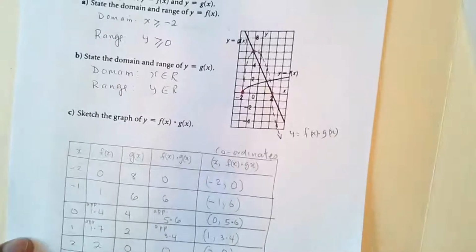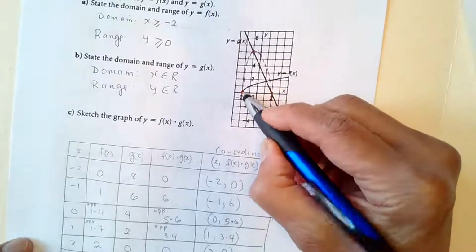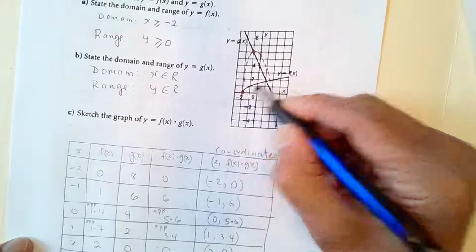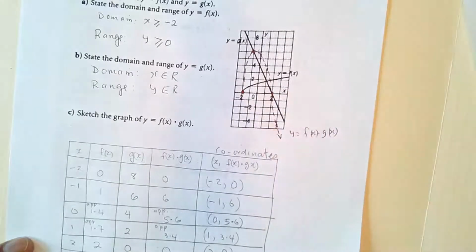As you can see from your graph, this graph actually begins from -2 and goes to the right, doesn't it? It doesn't go to the left of it.